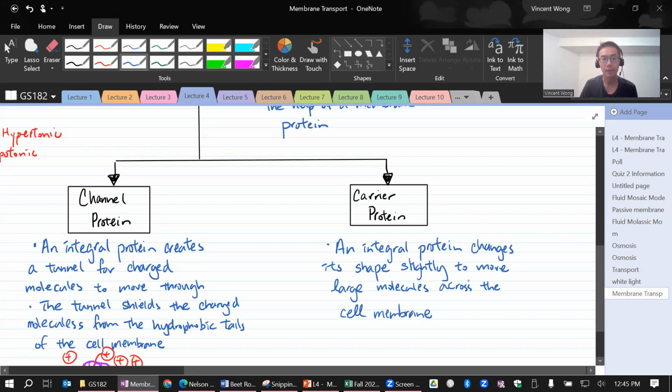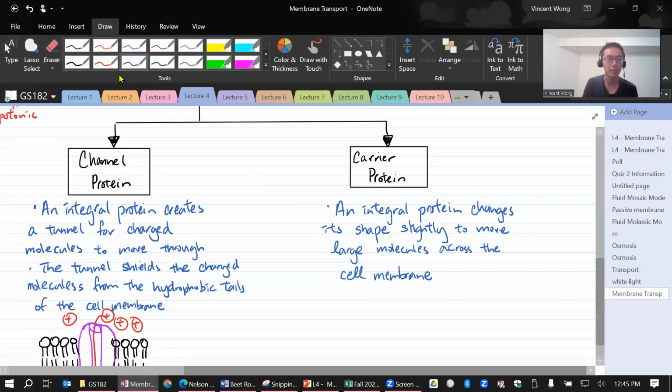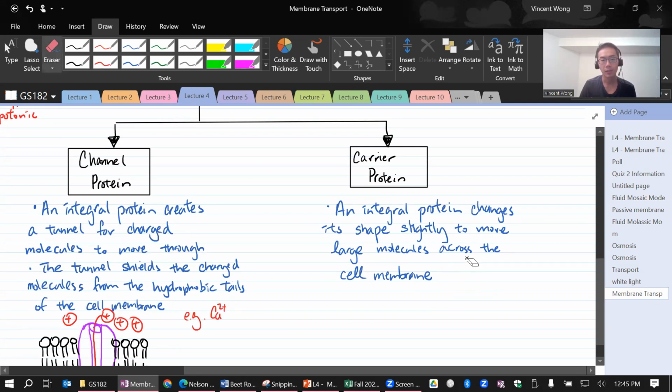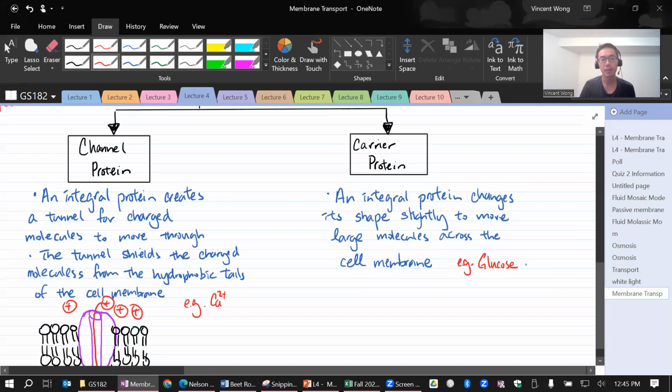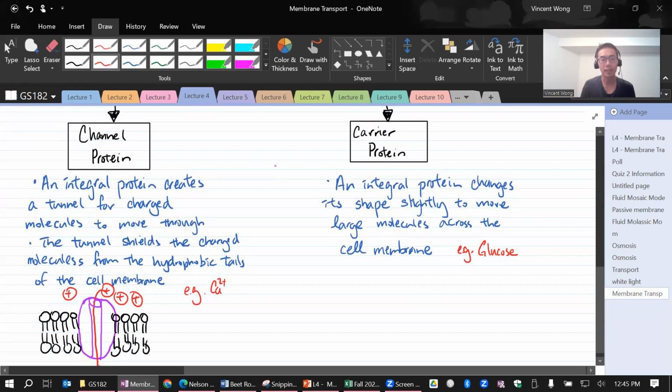All right. I forgot to give an example here. So it could be any charged ion, like calcium or something. And over here, large molecules would be like glucose. They're so big that they cannot cross on their own, so they need some help.